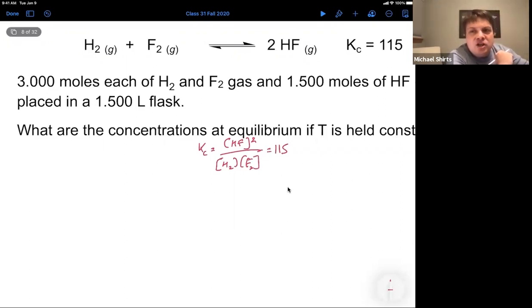A good way to keep track of all of this is something called an ICE table.